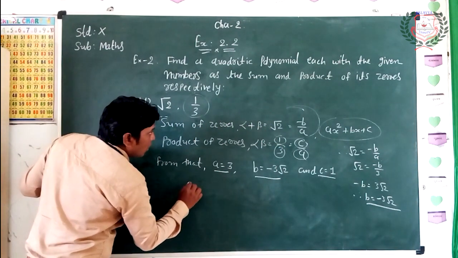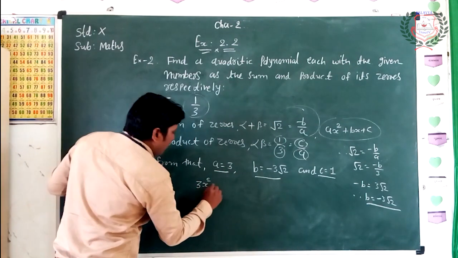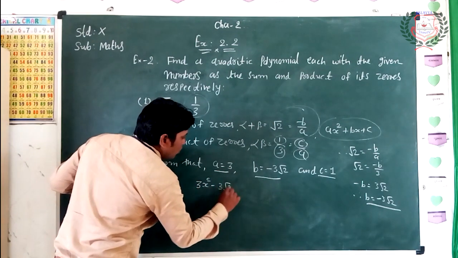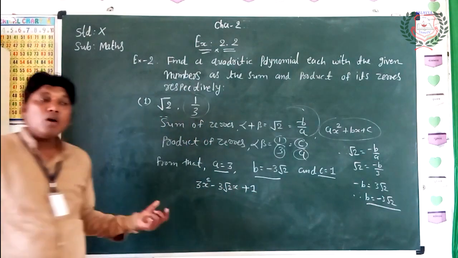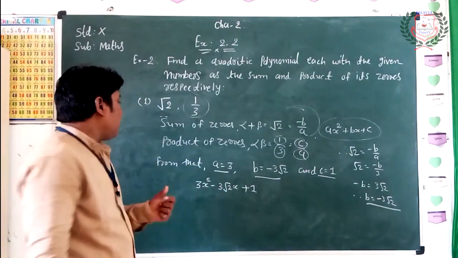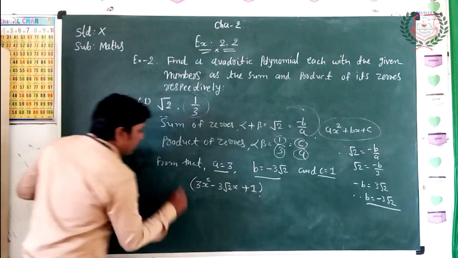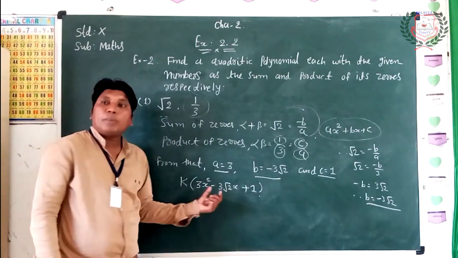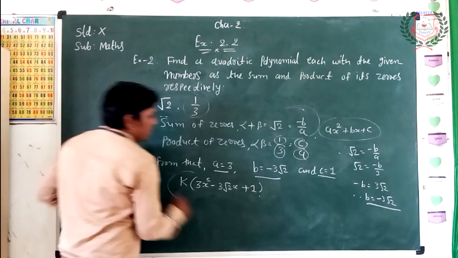So our polynomial is 3x square minus 3 root 2 x plus 1. Now you can also get another polynomial when you write k and put a different value of k. So your answer is here.